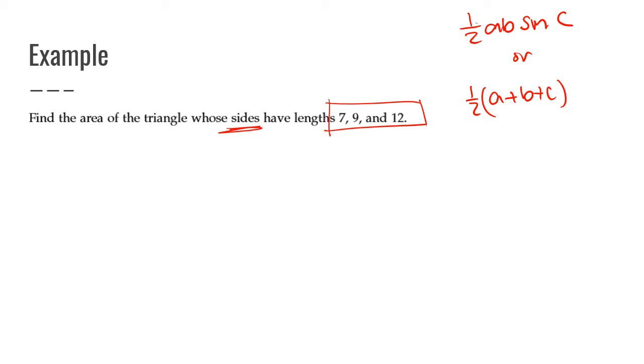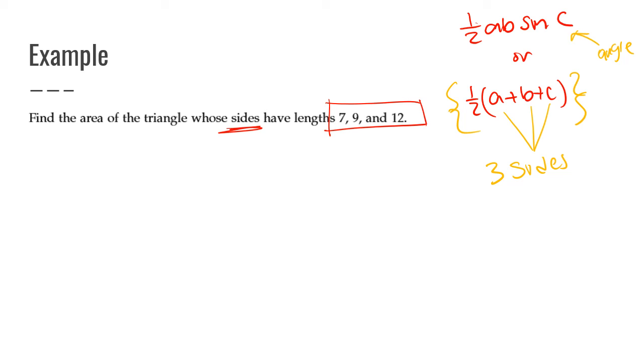Well, what do we have? We have three sides here. So which one of these two equations are we going to use? The second one, because you have three sides. A, B, and C, lowercase, are the sides. So if you have sides, you want to use the second one. If you have an angle, you want to use the first one.